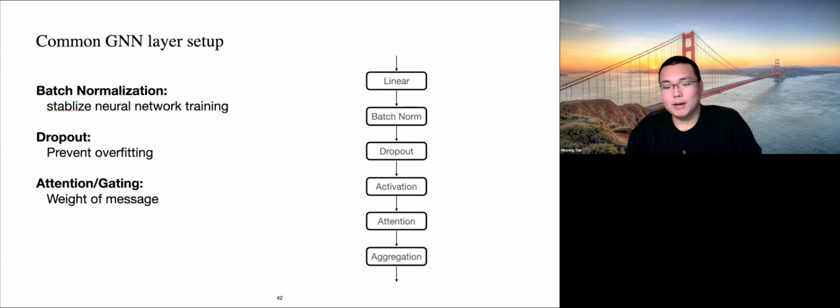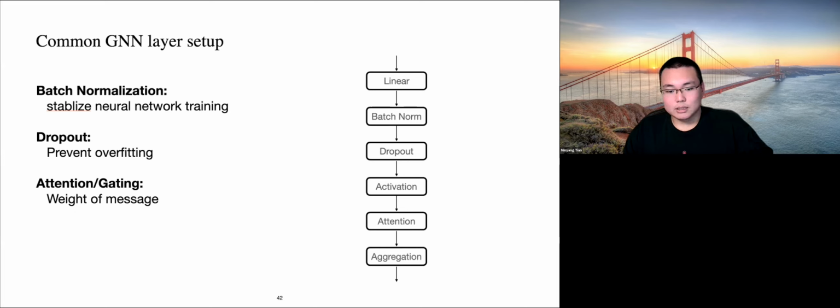We can often get better performance by considering a general GNN layer design. Designing novel GNN layers is still an active research frontier, but these modern deep learning modules can be a good starting point. The first I suggest is batch normalization, which can stabilize neural network training. The second is dropout, which can prevent overfitting. It can be added after the batch normalization.